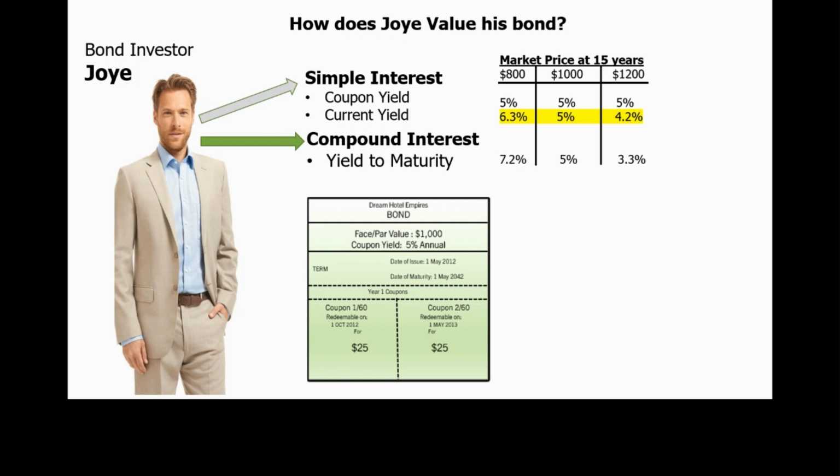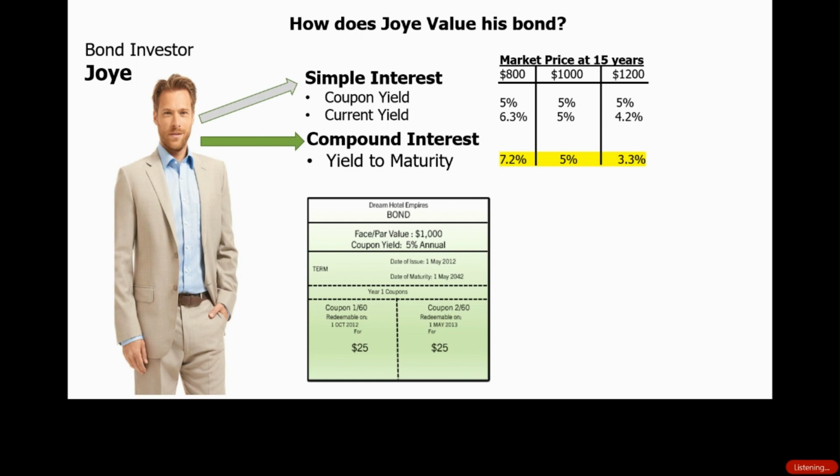When we go down to the yield to maturity here, this is actually accounting for the difference between the price we are paying and what we are going to receive back on the face value of the bond. As you can see, the numbers get even more different than what you saw before with the current yield, where the $800 bond is actually going to give you a 7.2% return, which is great.